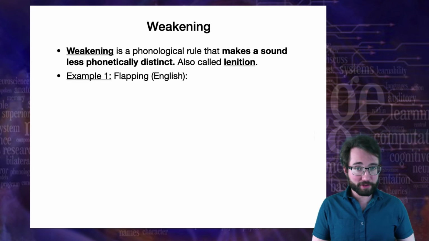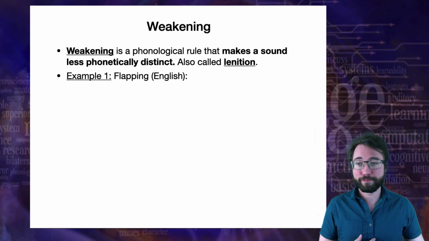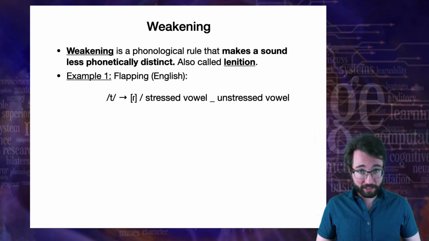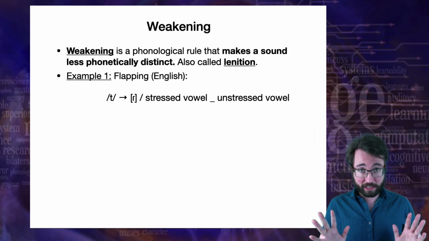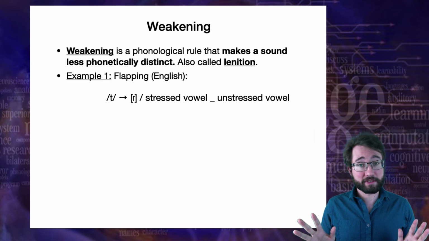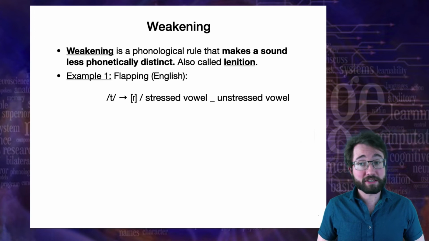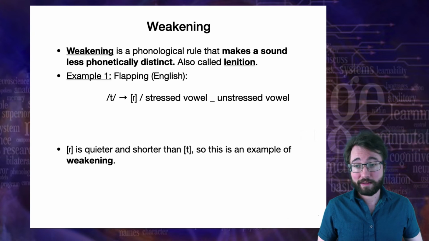So an example of this is what's called flapping in English, something which we have alluded to. English, American English at least, has a phonological rule which says that the phoneme T is expressed as the sound, the voiced alveolar flap, when it appears between a stressed vowel and an unstressed vowel.